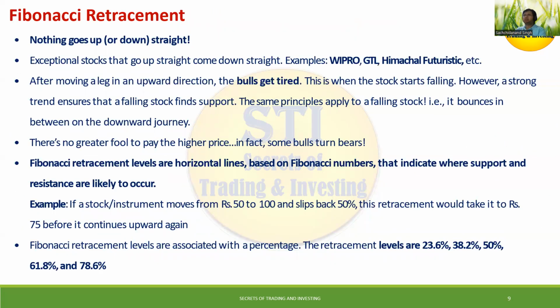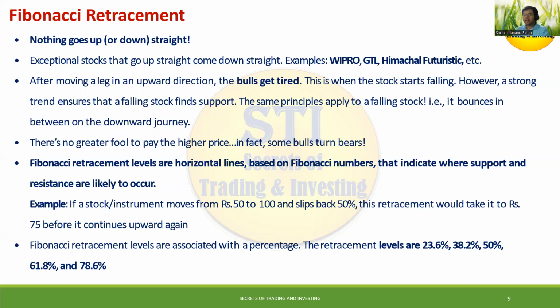Okay, here you go. The history of Fibonacci retracement and why we use this concept. Before using this concept, let us understand a few facts. In the stock market, when a stock price is going up or down, the movement in any direction, upward or downward, doesn't happen in a straight line.